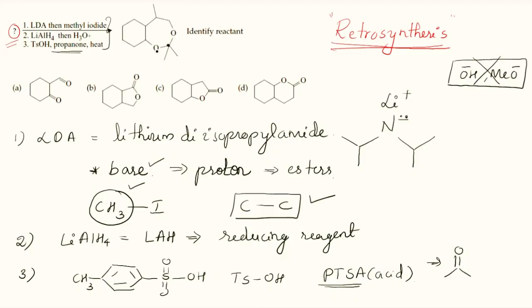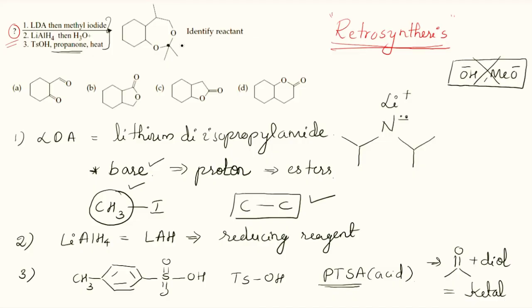At the last step, there is propanone, which means what? The product formed here is a ketal, which is obtained from the corresponding diol molecule, because whenever we have a ketone and it is reacting with a diol, it is going to form a ketal product. So here when we treat the reactant with lithium aluminum hydride followed by hydrolysis, we have to get a diol.